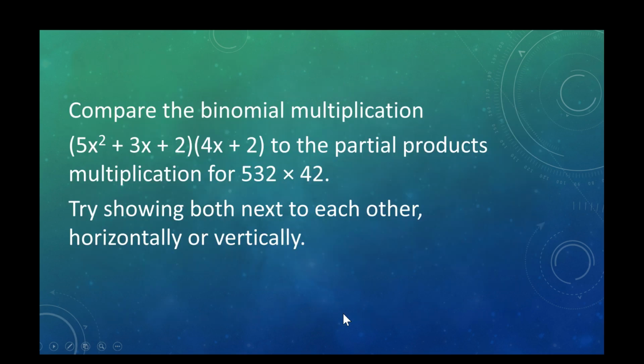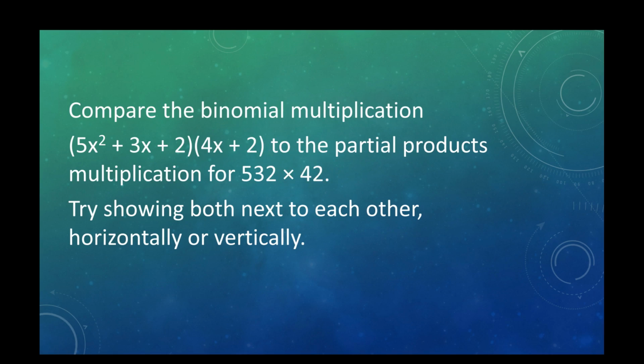So now I'd like you to try it. Pause the video for a minute and try this 3-digit multiplication here times this. This is 3 terms, and here's our 3 digits, and here's our 2 terms and our 2 digits. Try these two side by side, pause the video, and wait.